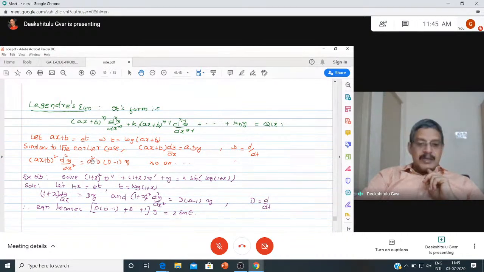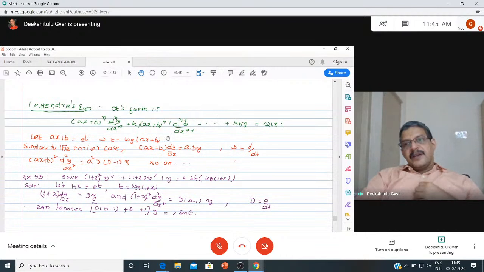Don't forget that. Note it. A also comes here, a square D into (D minus 1) y, because the coefficient of x is a, that a comes here. Now you substitute this here, and the equation becomes a linear differential equation with constant coefficients.